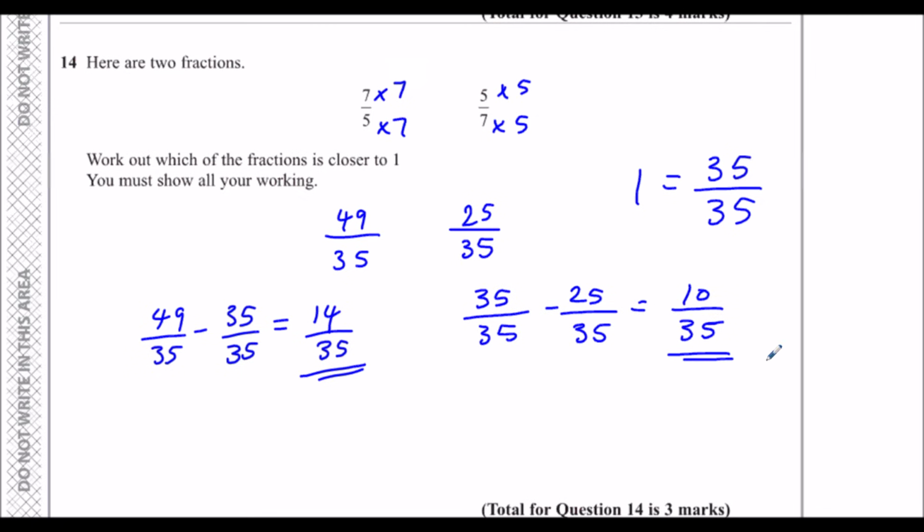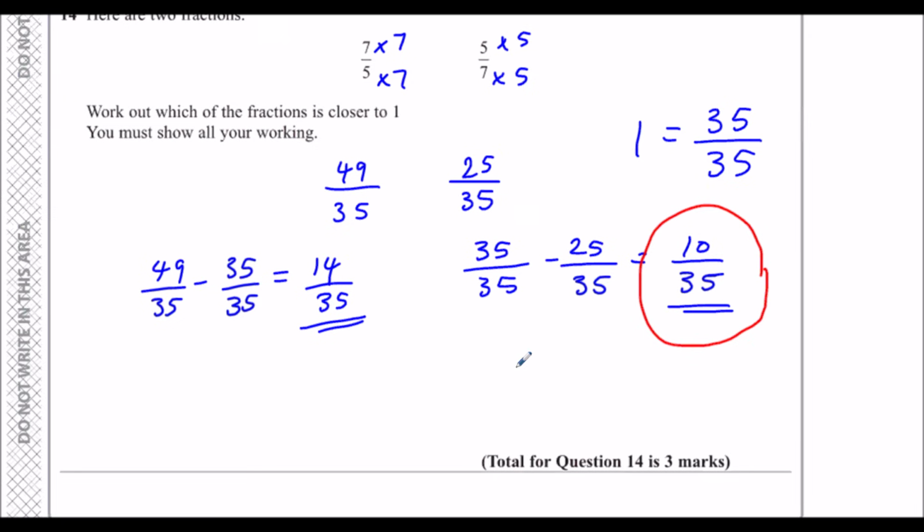So that's 10 35ths away. So which is closer to 1? It's less distance away means closer. So 5 7ths. So 5/7 is closer.